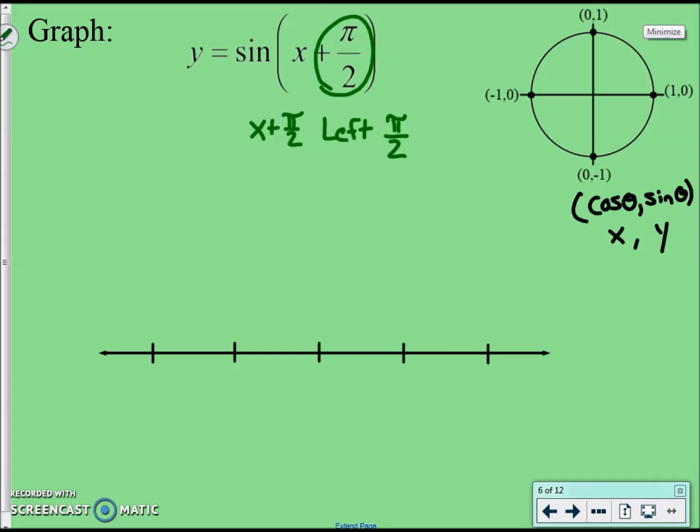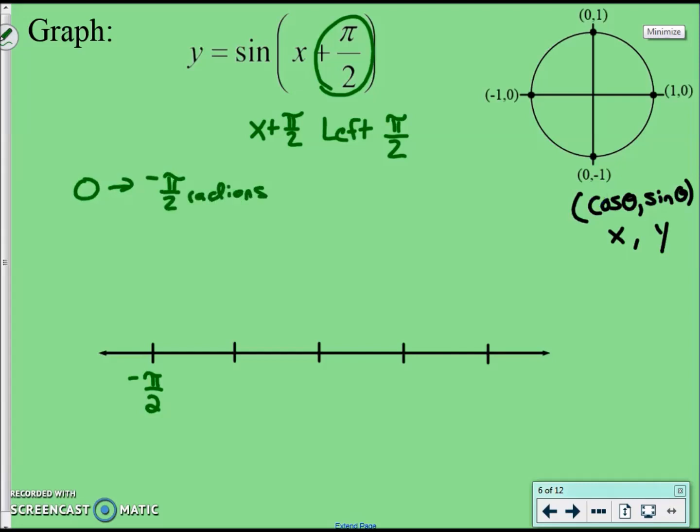So what we're going to do is, instead of starting at 0 here, we are going to start at negative pi over 2, because we have shifted from 0 to negative pi over 2 radians.